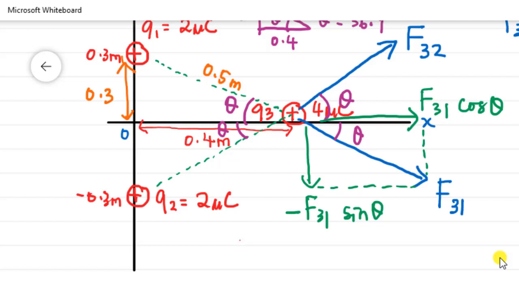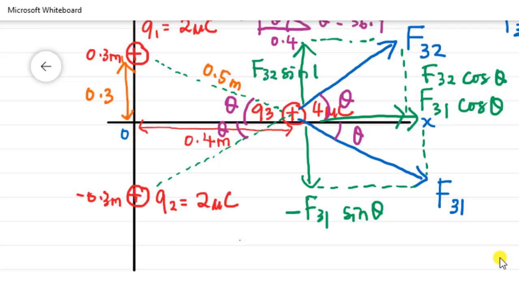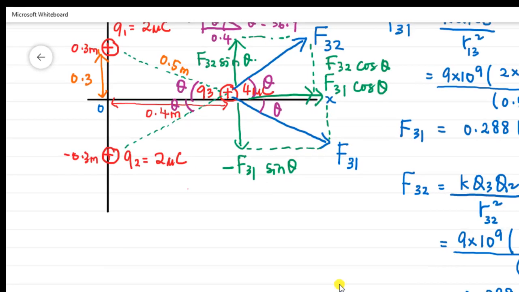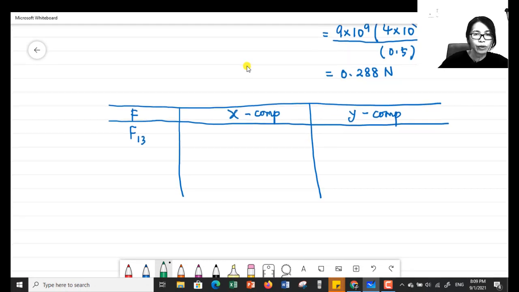Then for F32, we can resolve it into the horizontal component, F32 cos theta, and also the Y component, F32 sin theta. Okay, so we write here.